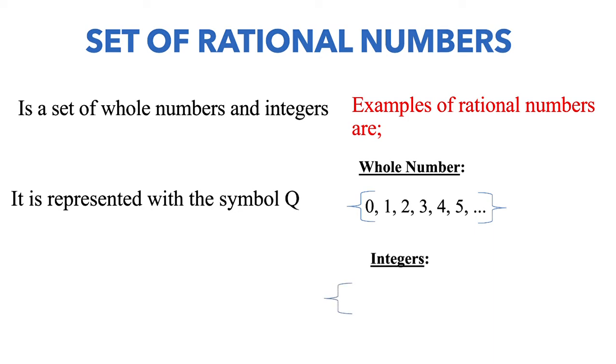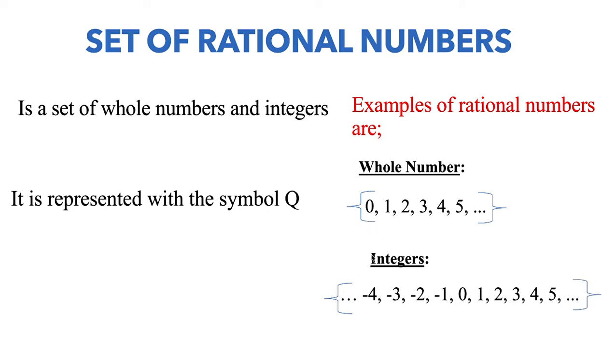Integers, just like we said earlier, are the positive natural numbers and the negative natural numbers, including 0. So whole numbers and integers are all rational numbers.